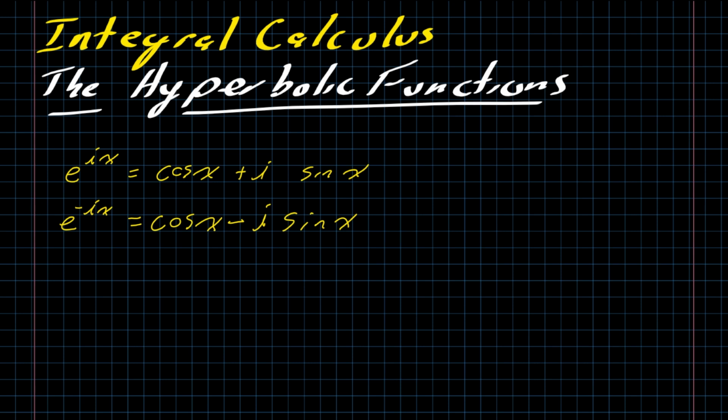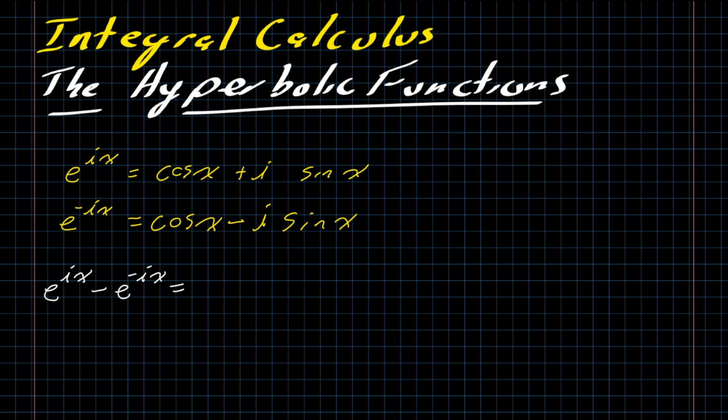Now, something interesting happens if I add or subtract these two equations. I'll subtract first. e to the ix minus e to the minus ix. Cosine of x minus cosine of x cancel each other out.